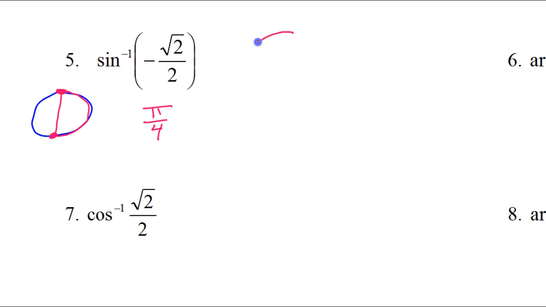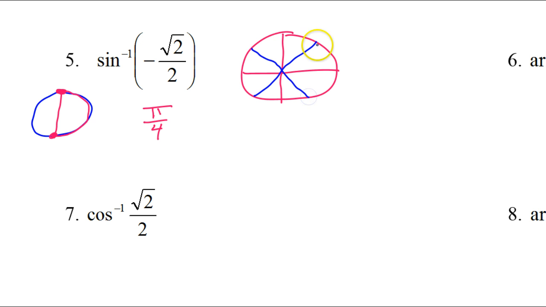Okay, so if you were to picture a unit circle, and here are some pi over 4s happening. Alright, these are the 4 places that have a reference angle of pi over 4. Only these two are in the part of the domain of the inverse sine.